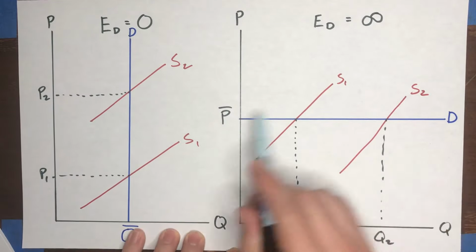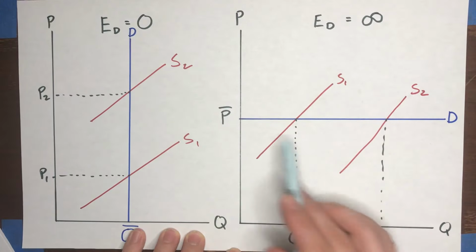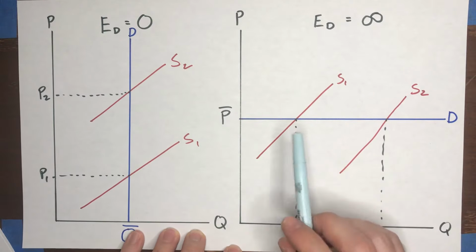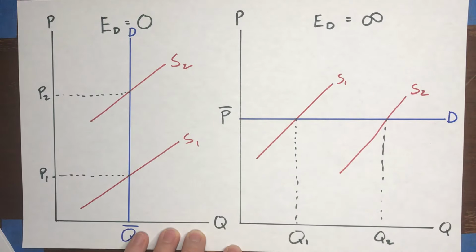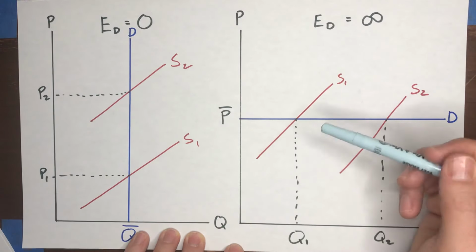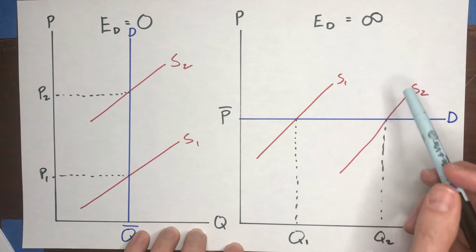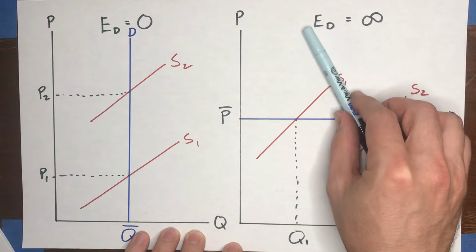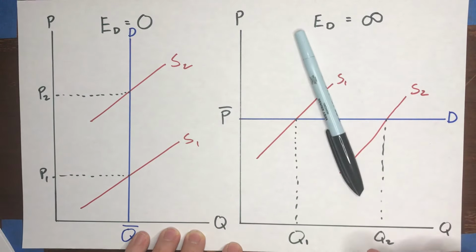However, perfectly elastic demand, this is more of a possibility for describing real markets. And that is, in certain markets, if you're selling exactly the same good or pretty much exactly the same good as anybody else, that's going to mean that if you raise your price at all, your customers will just go somewhere else and buy from one of your competitors. So, for example, when you're thinking about gasoline, the demand curve for gasoline in general might be pretty steep, right?